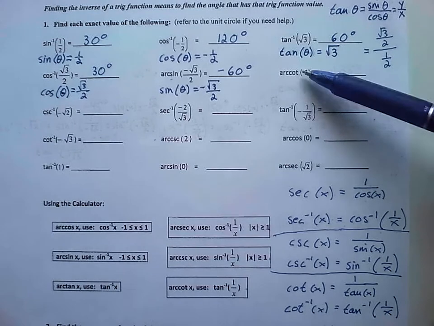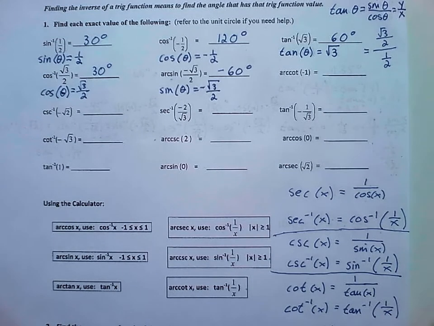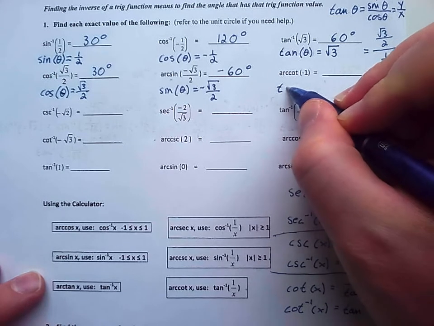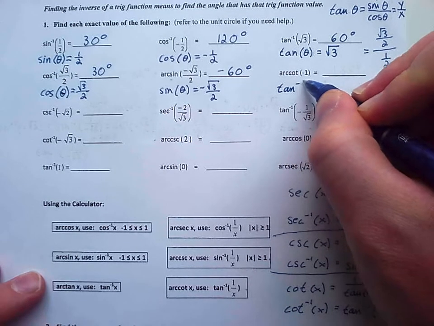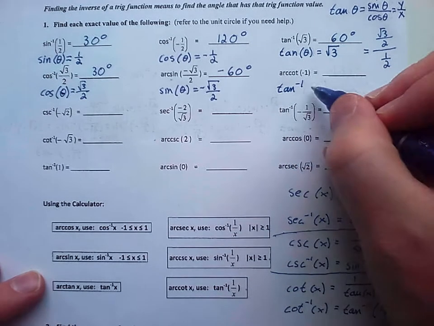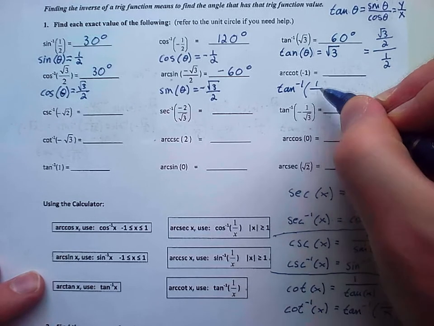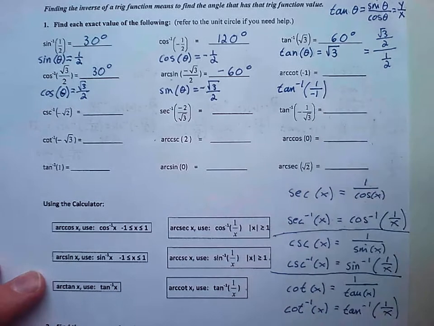Alright, so let's backtrack now and go back here to the arccotangent of -1. The arccotangent of -1, then, we can rewrite this as the tangent inverse of 1 over -1.